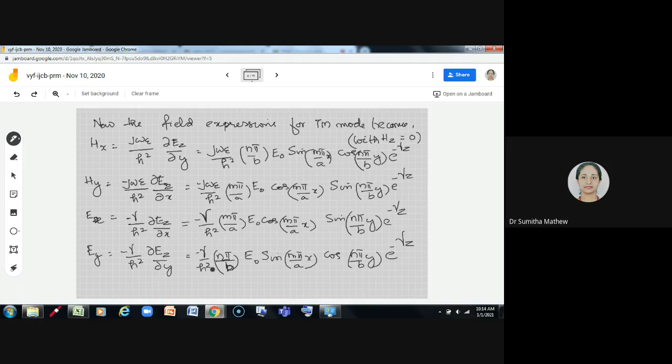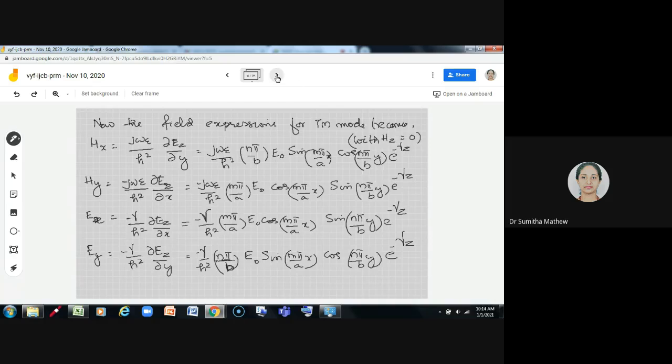Each of them has been written down here simply by taking the derivative of Ez with respect to x or y. So now these are the field expressions for TM mode. We have obtained the field expressions for TM mode in a rectangular waveguide. Four solutions are there: Hx, Hy, Ex, and Ey.